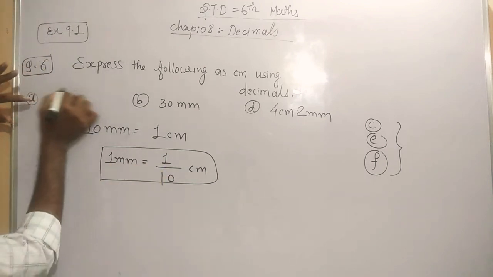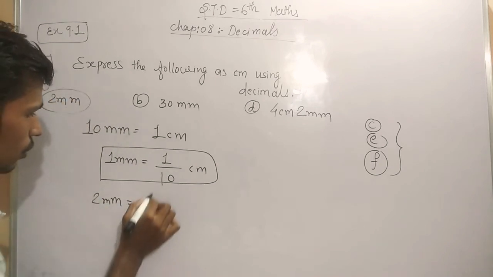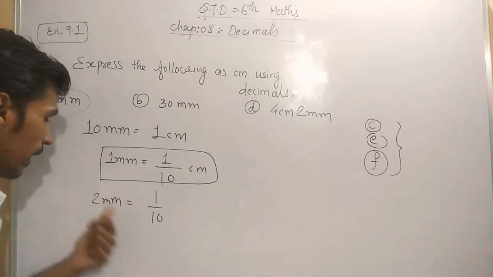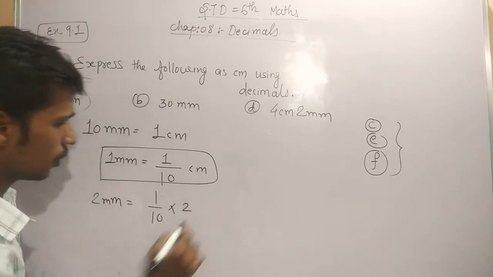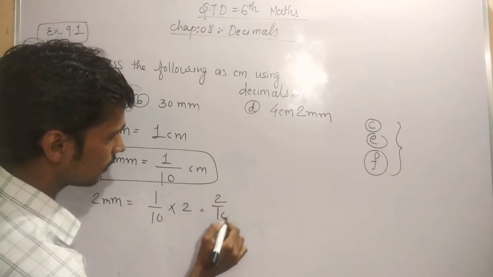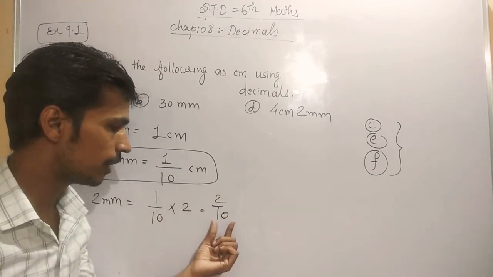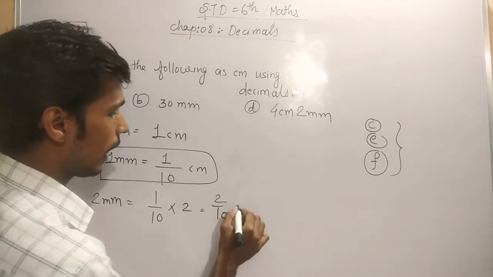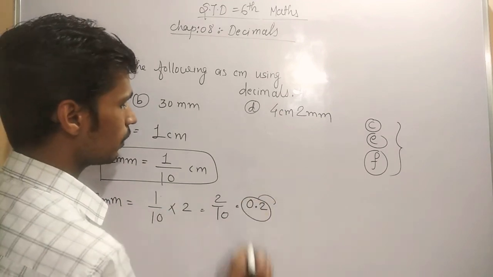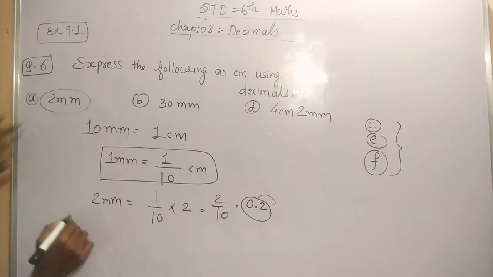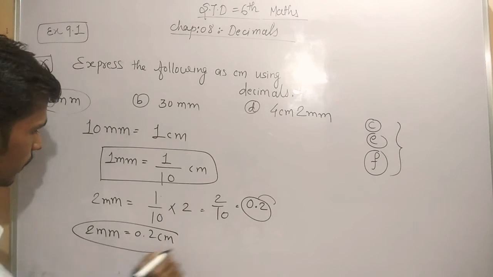In the question it is asking about 2 mm. 2 mm equal to, so I have to multiply 2 with 1 upon 10. So I can write 2 upon 10. Now student, the denominator has 10, so I can put the decimal after 1 digit. So 2 mm equal to 0.2 centimeter.